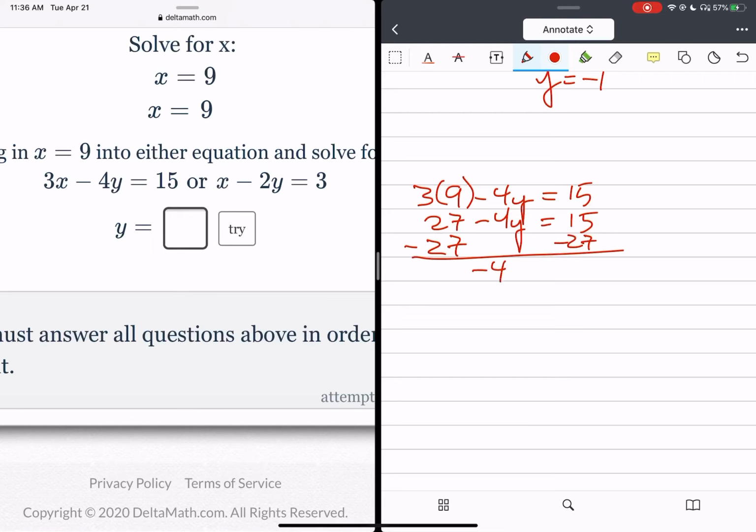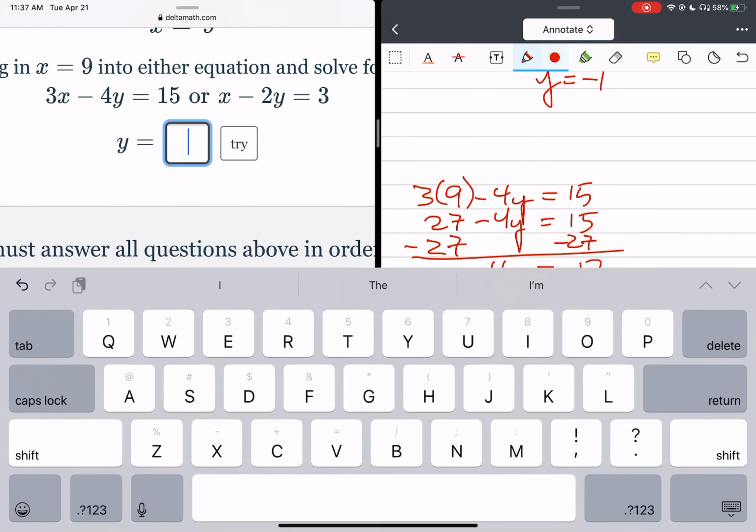Then I have minus 4y is equal to 15 minus 27 is negative 12. So minus 4y equals negative 12. I can divide both sides by negative 4, and then I have y equals negative over negative is a positive. So 12 divided by 4 gives me 3. So my y value should be 3.